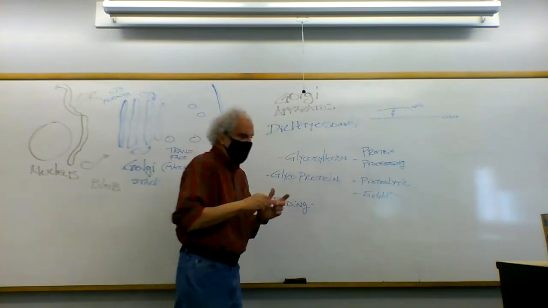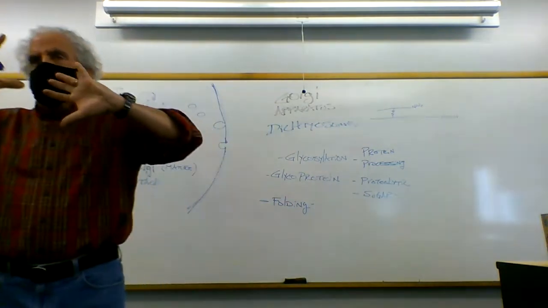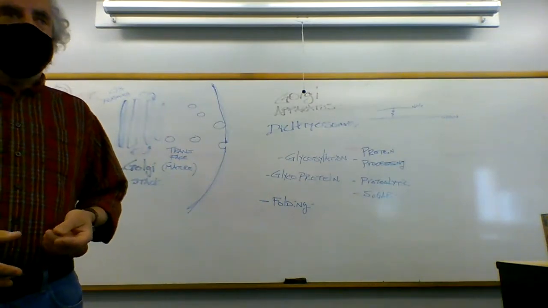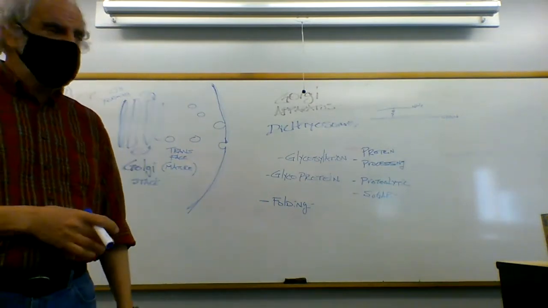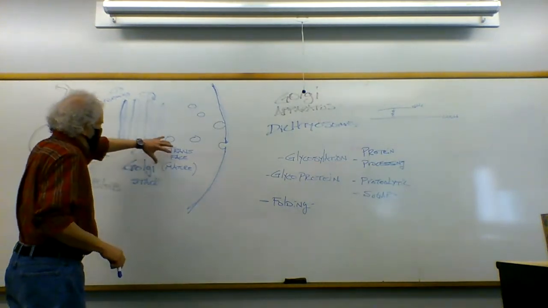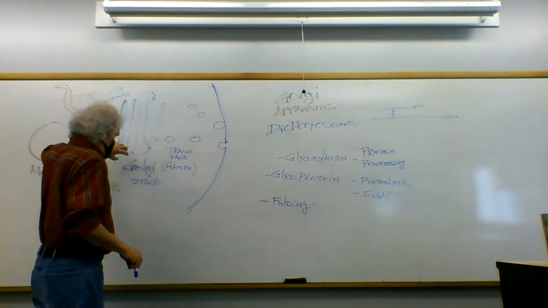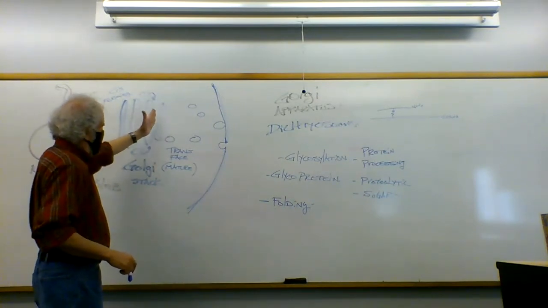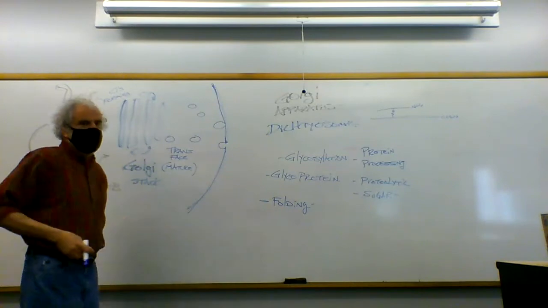So proteins are being processed post-translationally, and these are all post-translational modifications. So the protein is making its way into these different transition vesicles, making their way through the different faces of the Golgi, sort of like an assembly line.